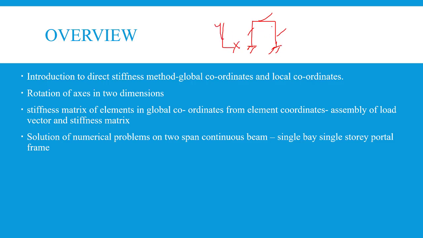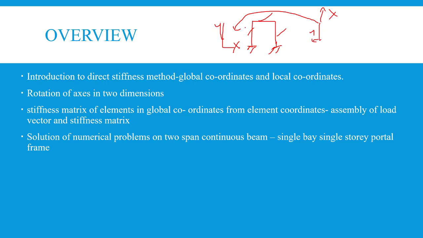So if we're considering this right column alone, this column will have some x coordinate and some y coordinate. So basically we are relating the element coordinate with the global coordinate, and hence the rotation of axis will come into play due to these translations.